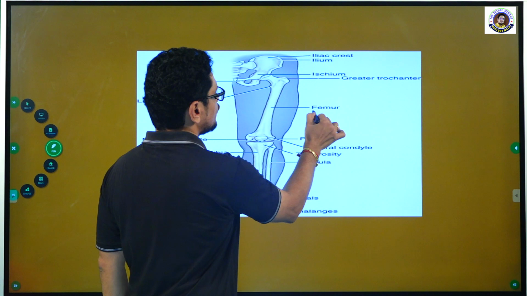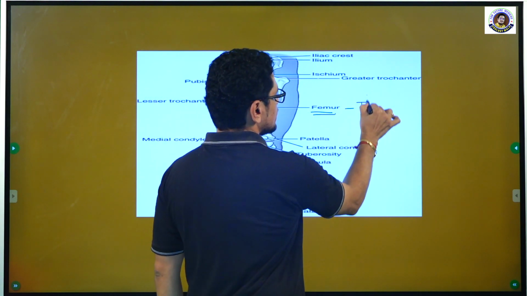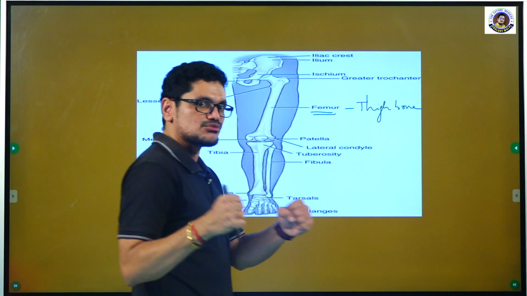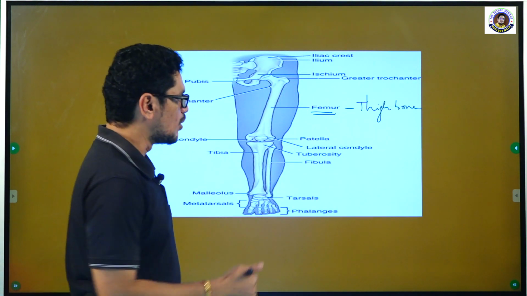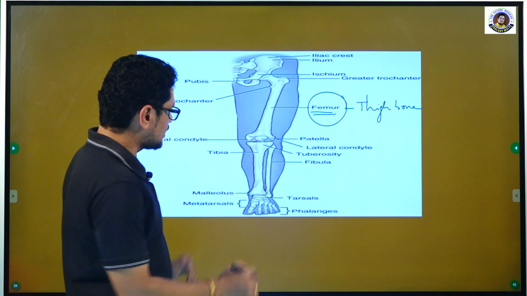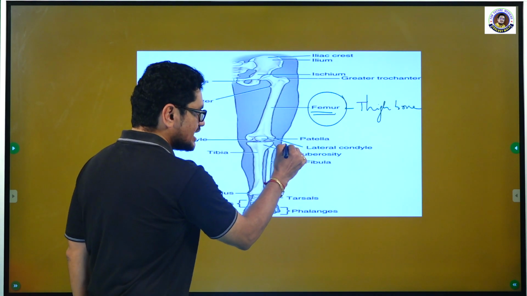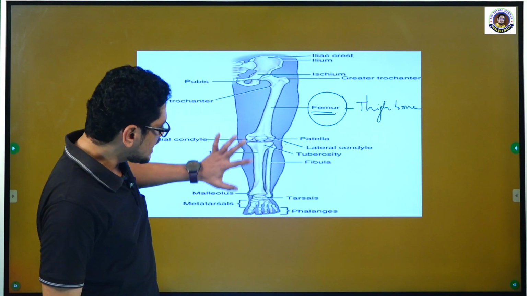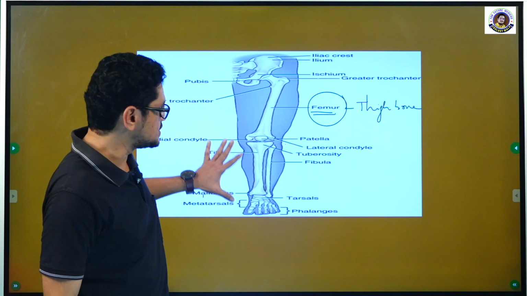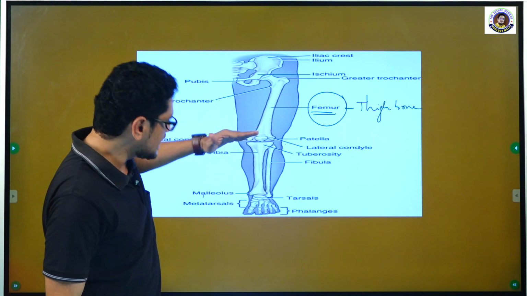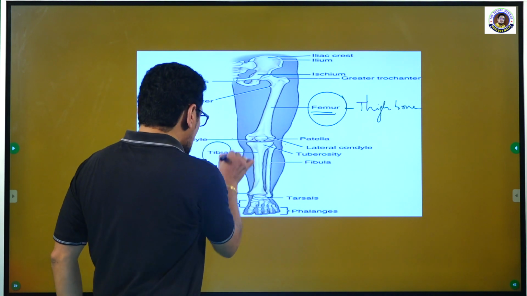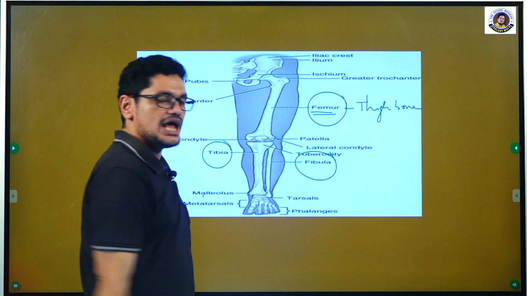In this is the femur. Femur is nothing but the thigh bone, which is the longest bone in the body, a very strong bone in the human body. And then this is the fibula, the bone present between the knee and ankle. In this shin region, the shank region, between knee and ankle, we can see the tibia and another bone, the fibula.